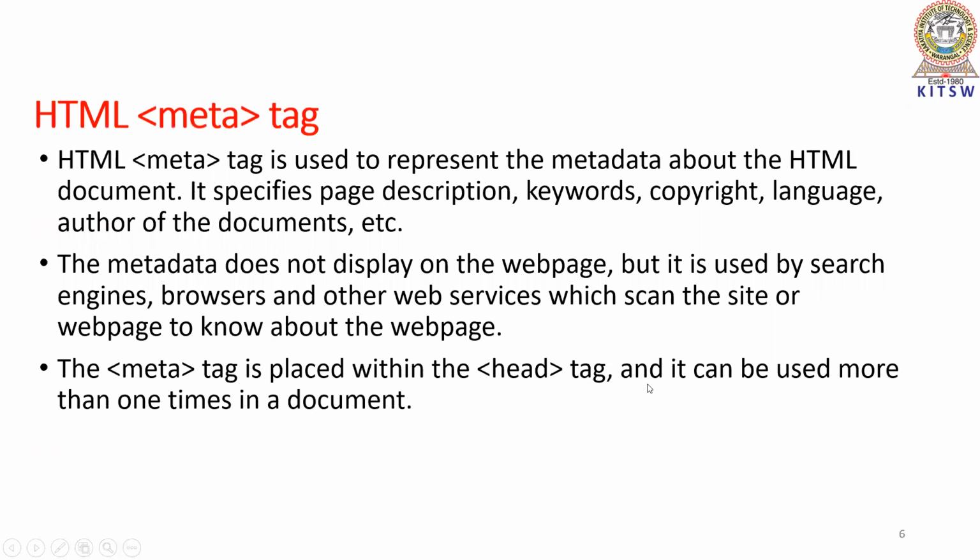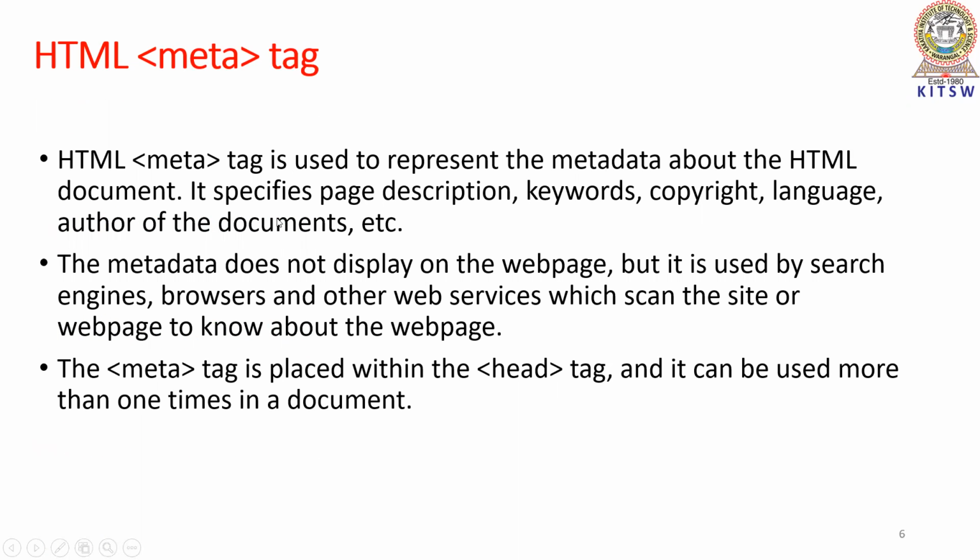Meta tag. What is the meta tag? Metadata. Metadata in DBMS: metadata means data about the data. What is meta tag in HTML? The meta tag is used to represent the metadata about the HTML document.